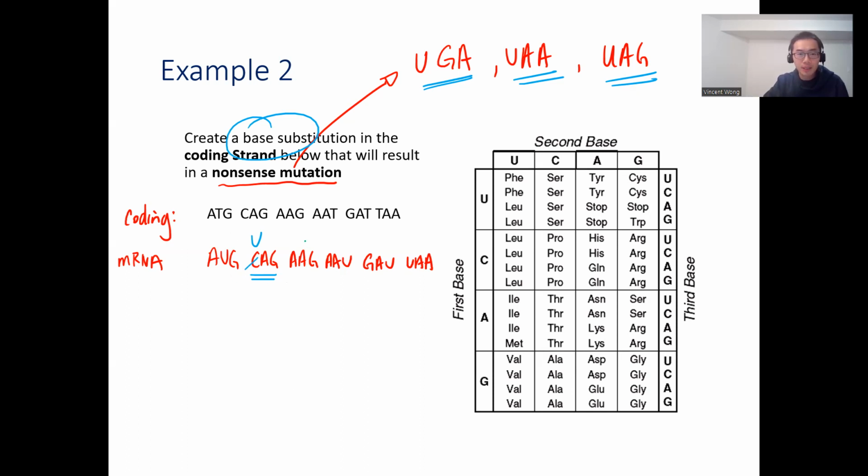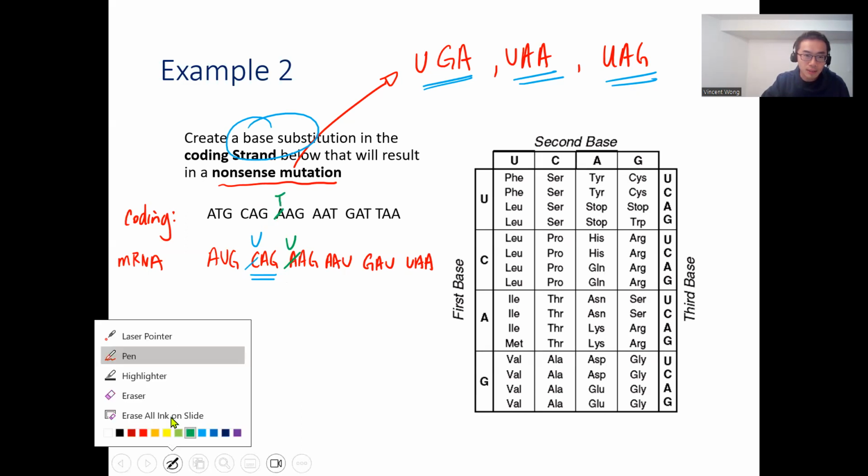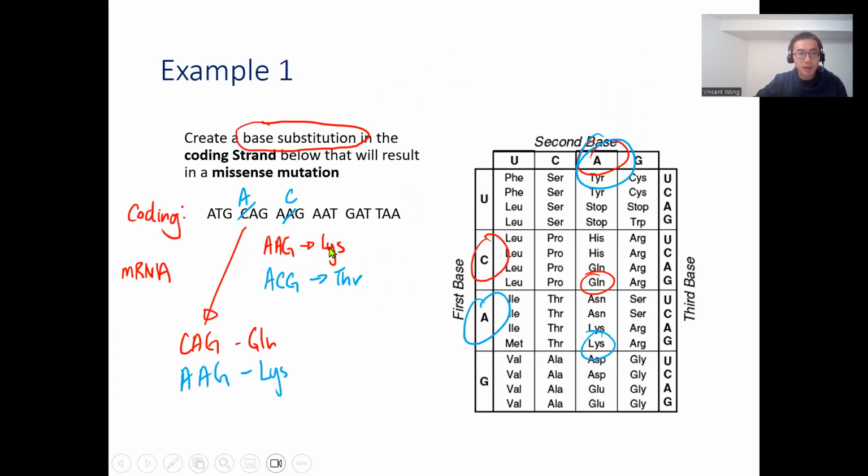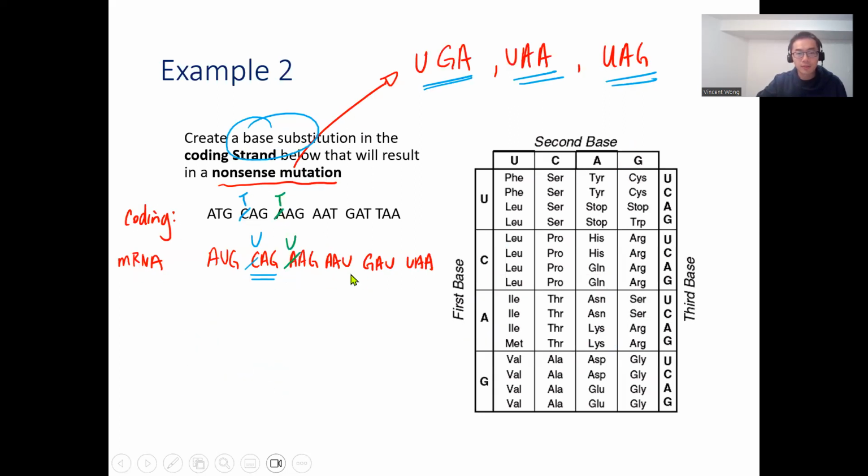AAG, right here, I can change the AAG to UAG, and then that's going to be a stop codon. But remember, when you do these changes, you must reflect them back into the original DNA, like that. I think I forgot to do that, oh, I did. Okay, so that's it.